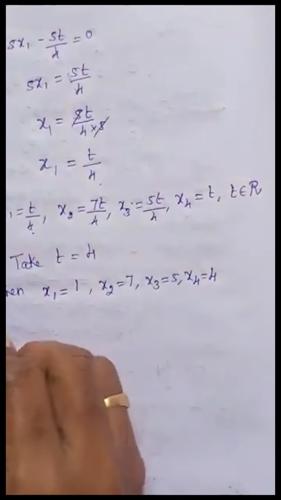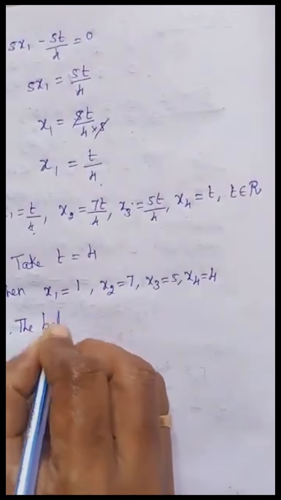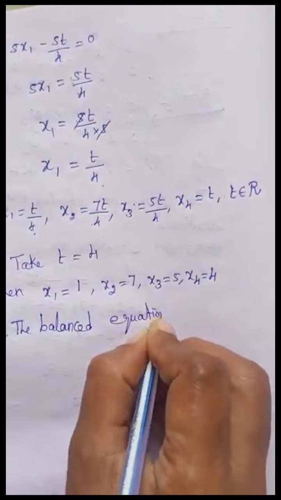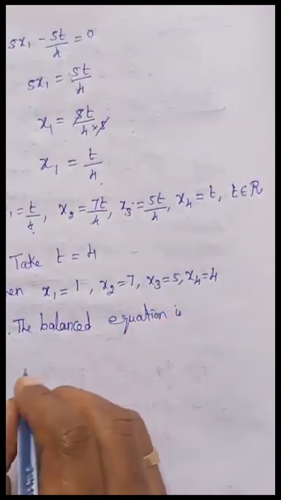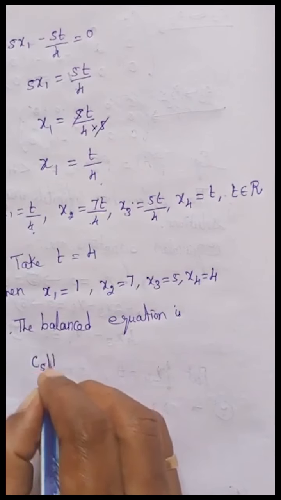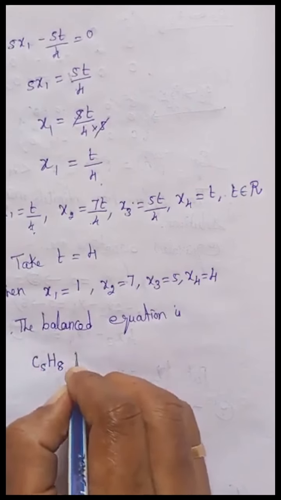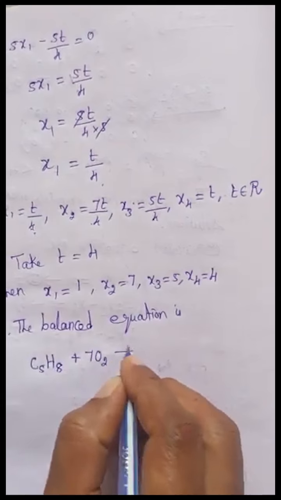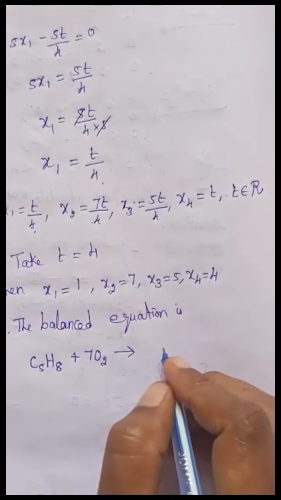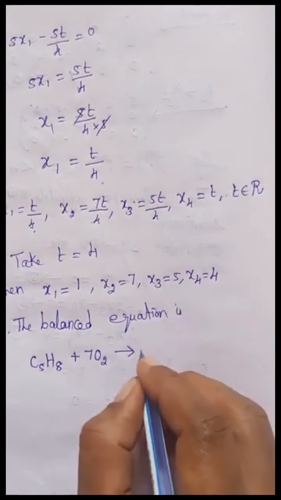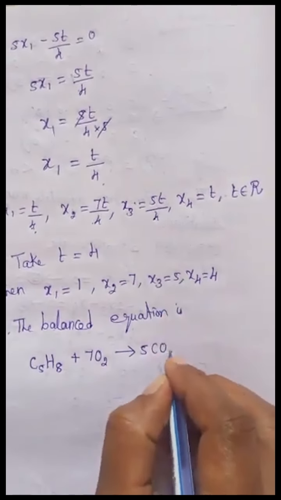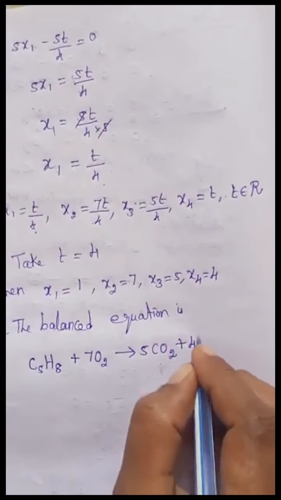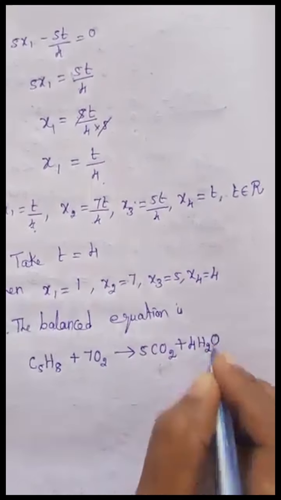Right? Therefore, the balanced equation is x1 C5H8 plus x2 O2, that is 7O2, gives x3 CO2, that is 5CO2, plus x4 into H2O, that is 4H2O.